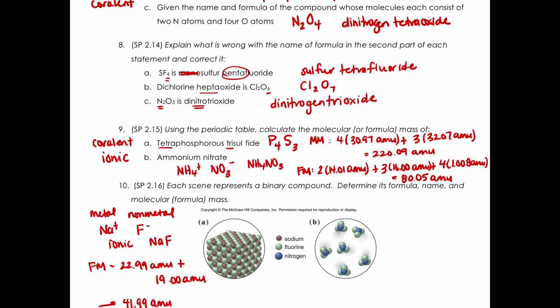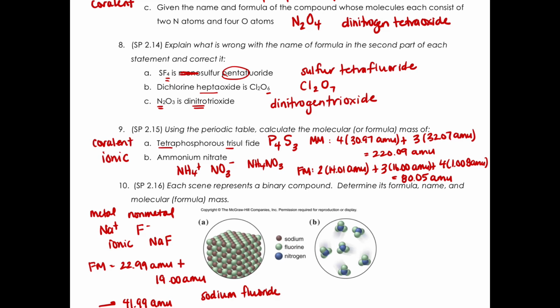The last thing that we needed to answer for this question is we needed to actually name this compound. So naming an ionic compound, we name the metal first, just as we see it on the periodic table, and the fluorine becomes fluoride for our anion. Let's take the substance that's on the right. Our molecular scene shows individually, discretely bonded atoms.